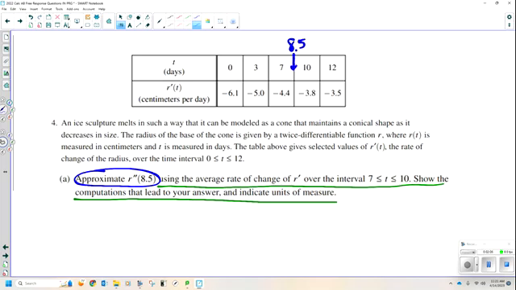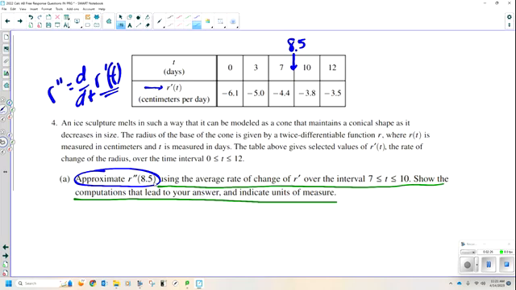Since we can't take the derivative of the equation of r prime to get r double prime, remember, in order to get that, I got to take the derivative with respect to t of the first. We can't do that. We don't have an equation. We can only approximate it. That's why it tells us approximate.